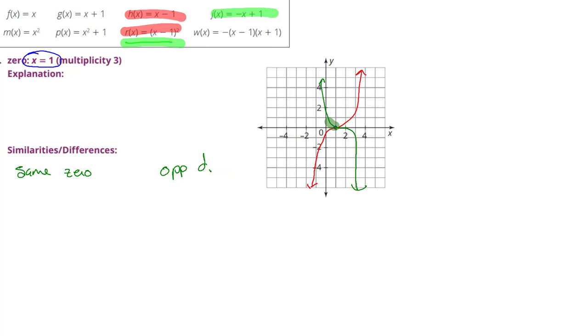Cannot spell directions today. What else is different? Is there anything else? No? Pretty much the only difference is opposite direction, and then we have the same 0.